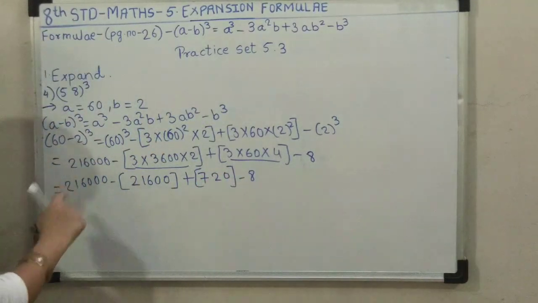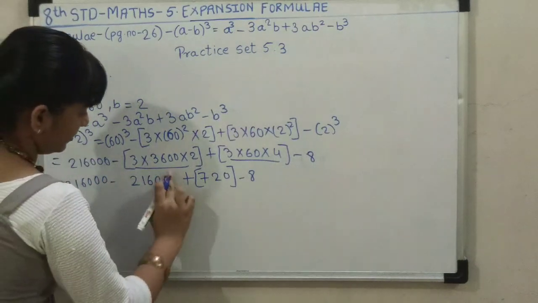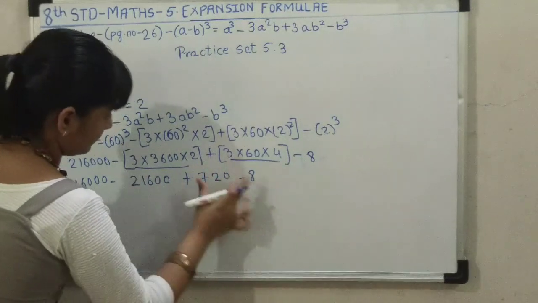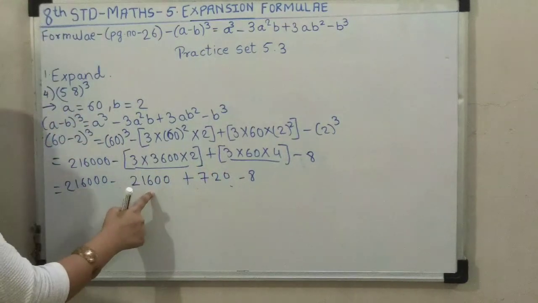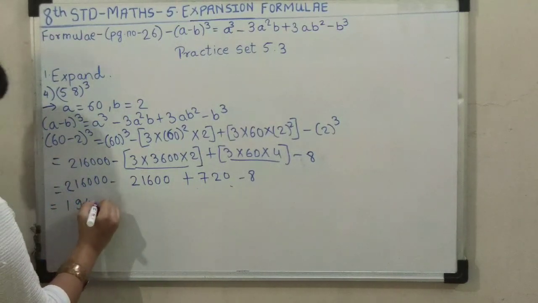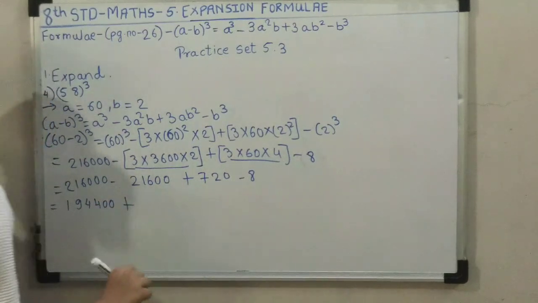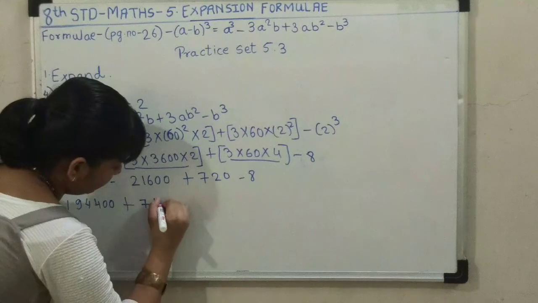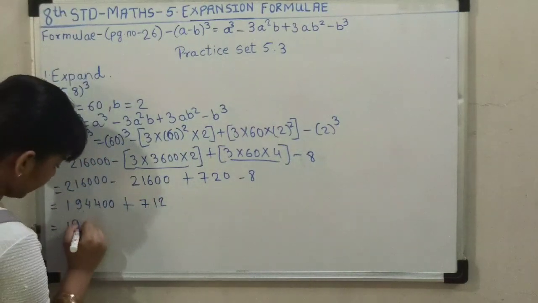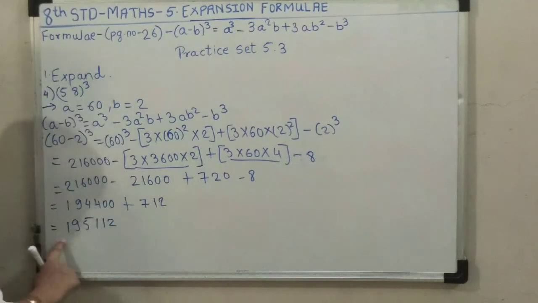So here we will subtract this from this, and the brackets will not be there. So 2,16,000 minus 21,600 is equal to 1,94,400, plus 720 minus 8 is 712, and we'll add them both. So the answer will be 1,95,112. So this will be our final answer.